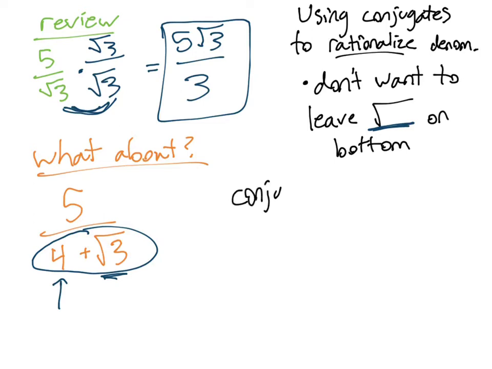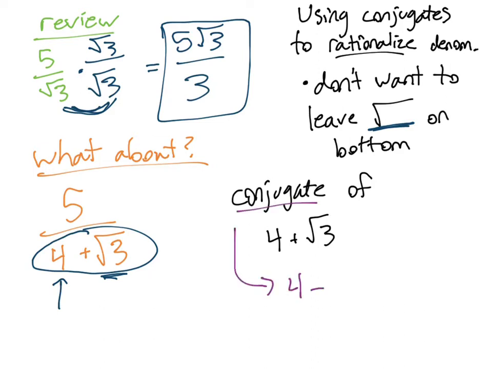The conjugate of 4 plus the square root of 3 would be the expression 4 minus the square root of 3. So to rationalize the denominator of this expression, instead of just multiplying the top and bottom by the square root of 3, we would multiply the top and bottom by 4 minus the square root of 3.